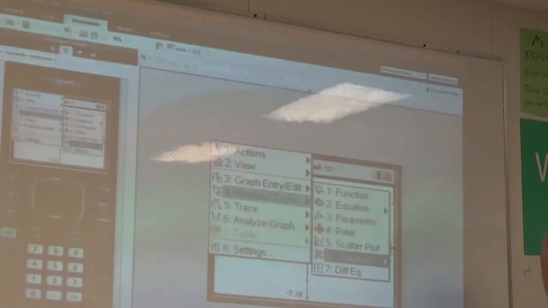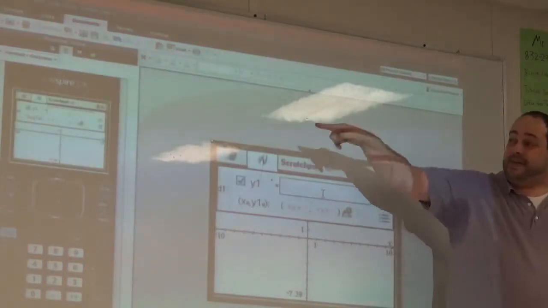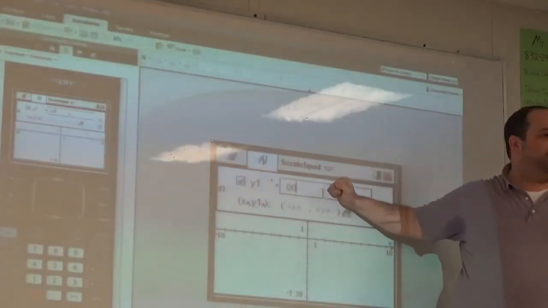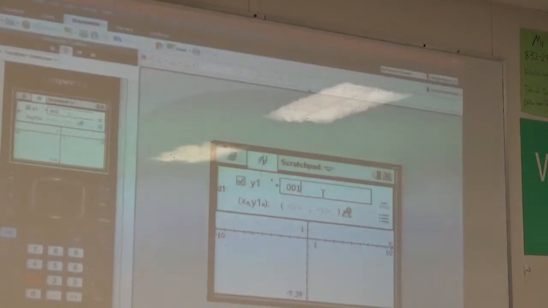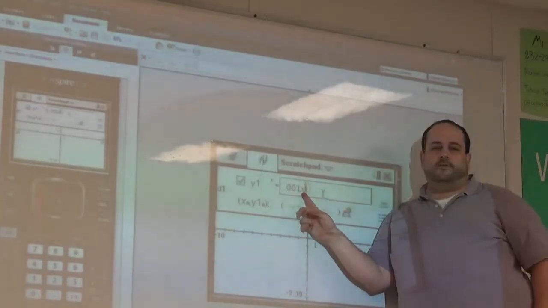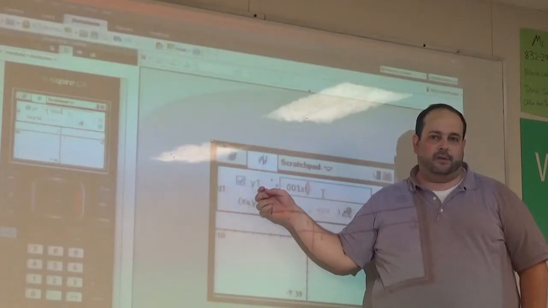So, right, you go to graph, it's option 7, differential equation, and you want to type in that over here. But be really careful. So 0.001 times y, except with the differential equation it's not y. If you look over here, this tells you everything.